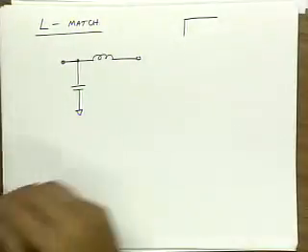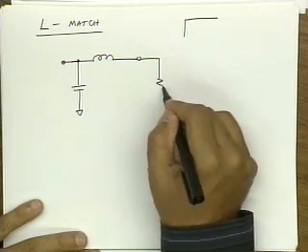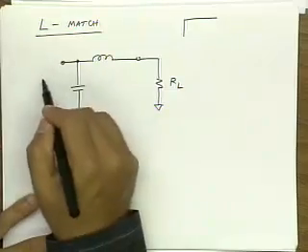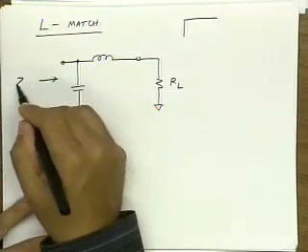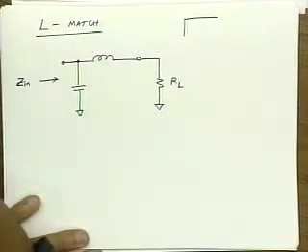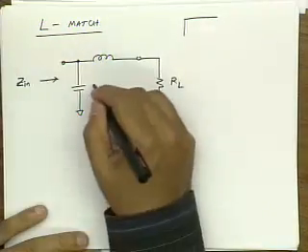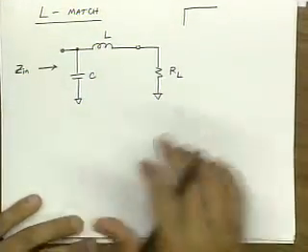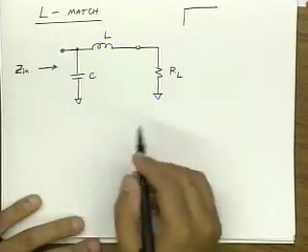There's our L. And what I'm going to do is hook up an RL here, and then look at Zin to see what happens at resonance in this circuit. Okay? And I'm going to make use of a transformation I introduced last lecture.